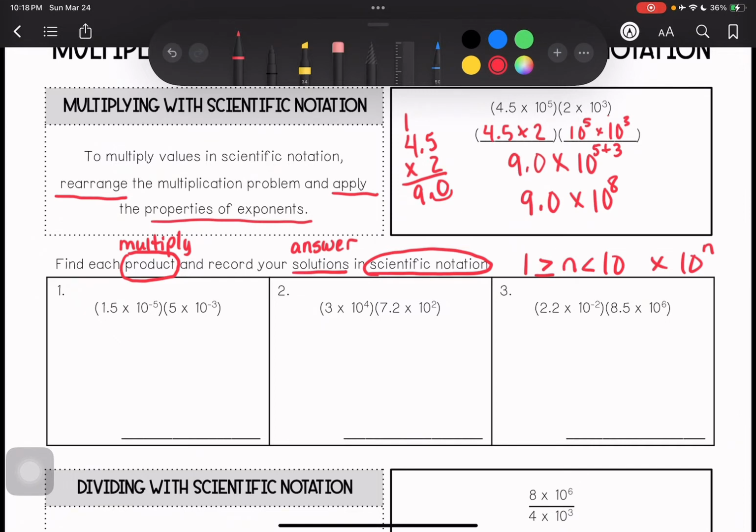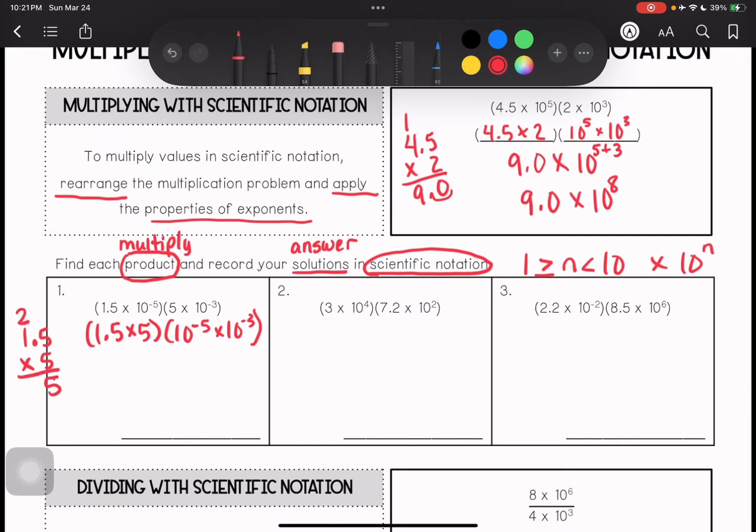Okay, for our first problem, we want to bring our numbers together: 1.5 times 5, and multiply our exponents together. So now multiply 1.5 times 5. 5 times 5 is 25.